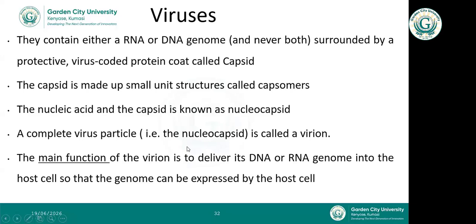So once the host gets exposed to the virus, what the virus needs to do is get its DNA or RNA replicated. The protein coat, which is the capsid, will open up and release the DNA or the RNA into the host cell, and then it takes over to multiply. Once it takes over, it uses the information within the DNA or the RNA, those genes, to control the host cell. So the host cell does not have power on its own.